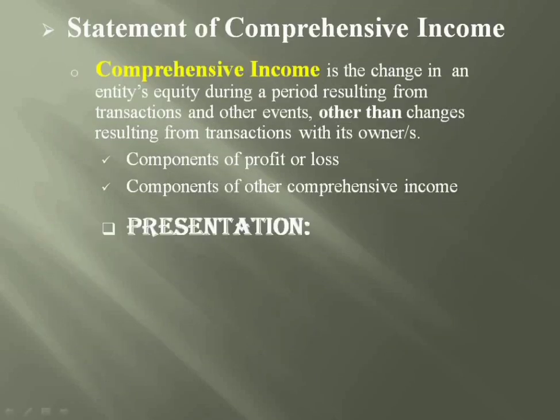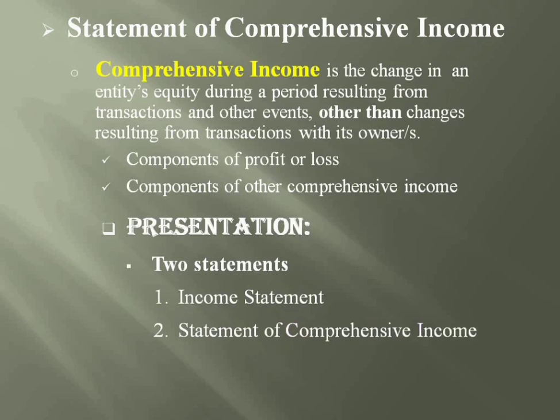The presentation of comprehensive income may be done in either of two ways. First, as two separate statements, namely income statement showing the components of profit or loss, and statement of comprehensive income starting with profit or loss as appearing in the income statement plus or minus the elements of other comprehensive income.